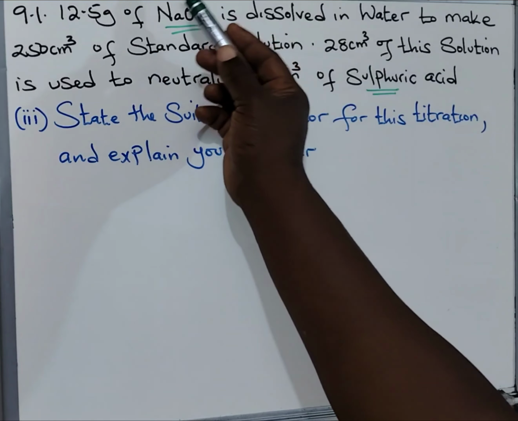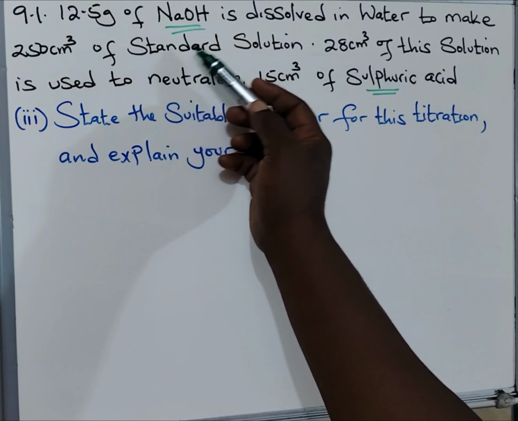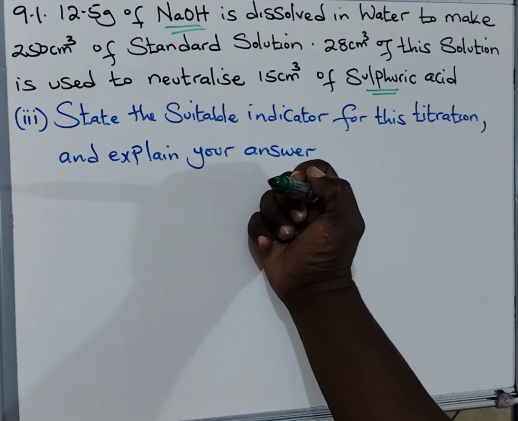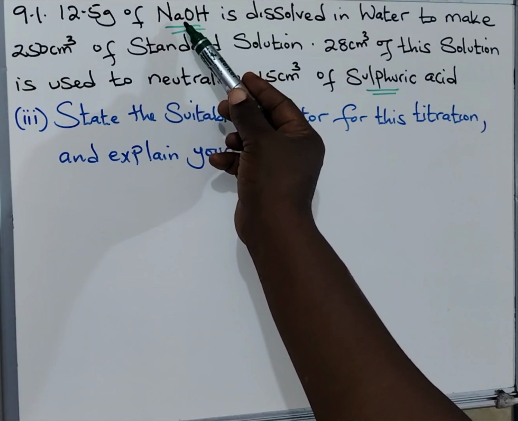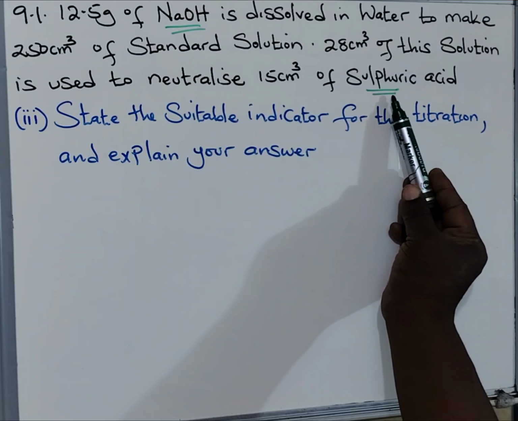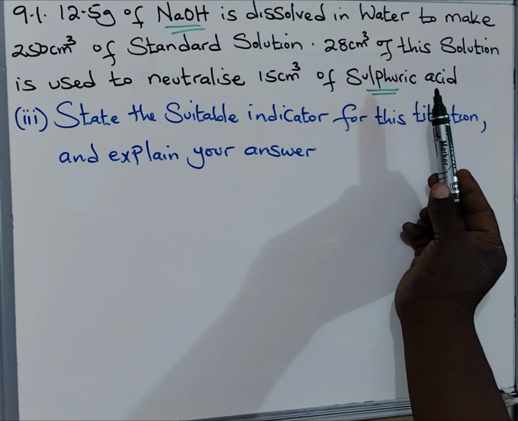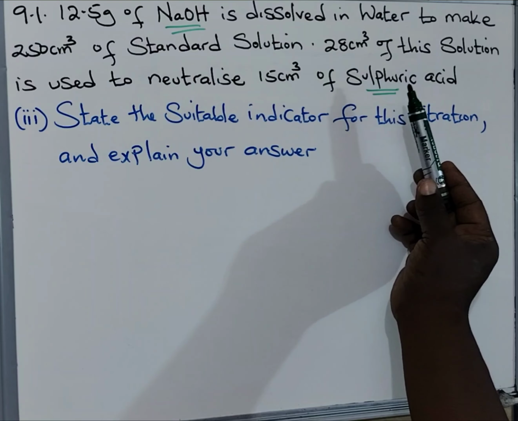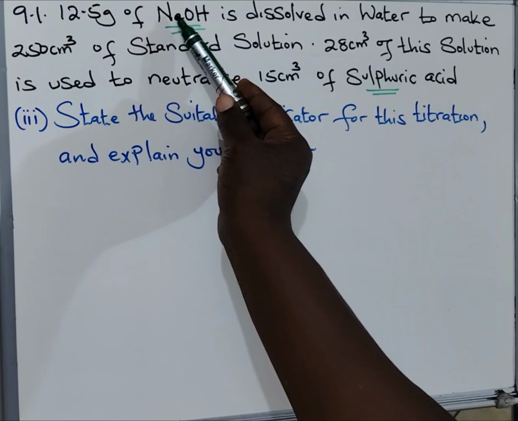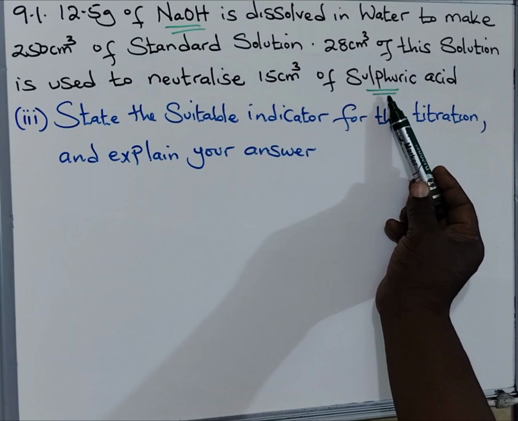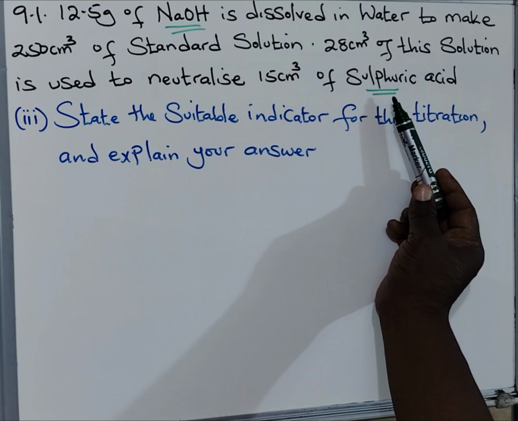Sodium hydroxide is the base, but is it a strong or weak base? The answer is a strong base. This is the acid, sulfuric acid. Is it weak or strong? It's a strong acid. So we're observing a strong base reacting with a strong acid.